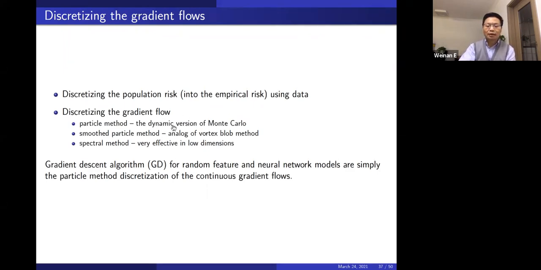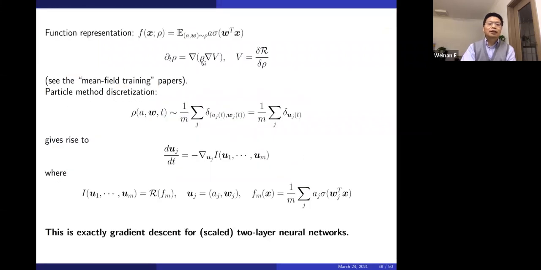So let's look at how that works out in practice. Let's consider this representation of the trial function. And our parameter is the probability distribution rho for these parameters. And the gradient flow looks like this, where V is the usual variational gradient.